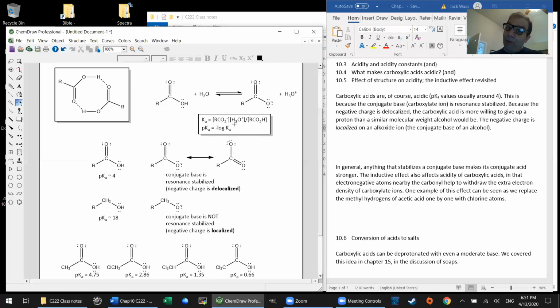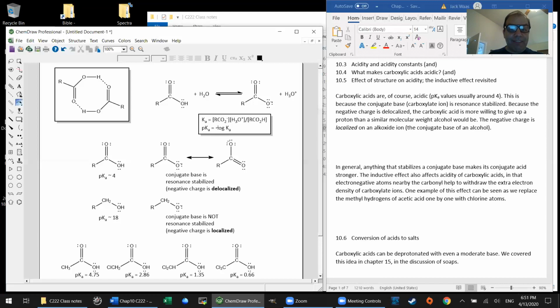One thing to bear in mind is that as we go to stronger and stronger acids, the value of Ka, the acid dissociation constant, goes up, but the value of pKa goes down, right? So as you get to stronger and stronger acids, the pKa goes down. That's very important to remember.